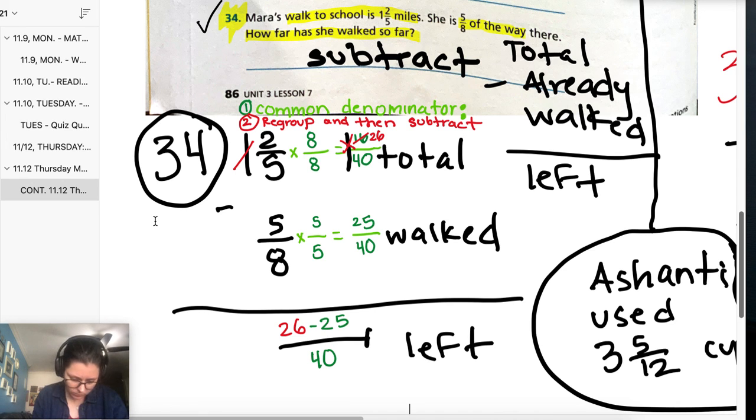So 26 minus 25 is equal to 1, and 40 stays the same.